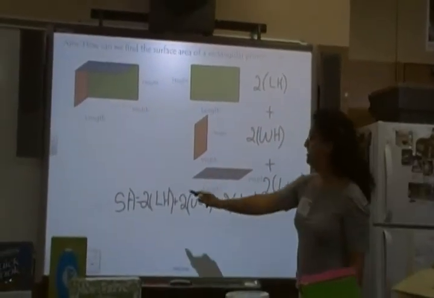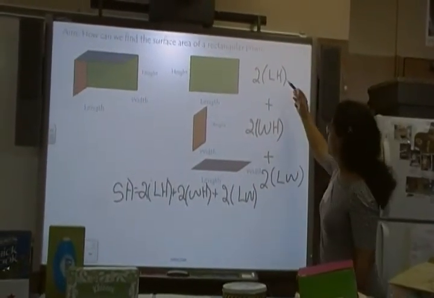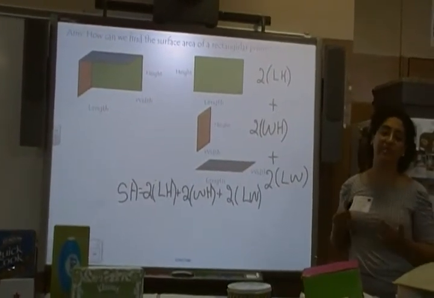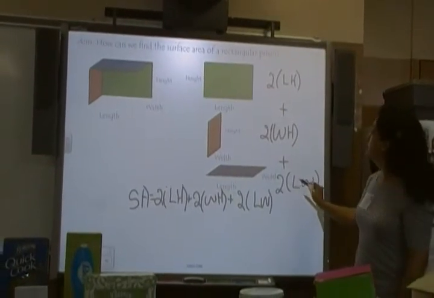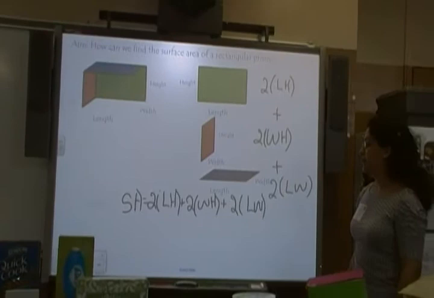Okay, this is your area. This is your formula for surface area. We have just combined the areas that we find for each of the sides: your top and your bottom, your left and your right, and your front and your back. Which is here. This is the top and the bottom.